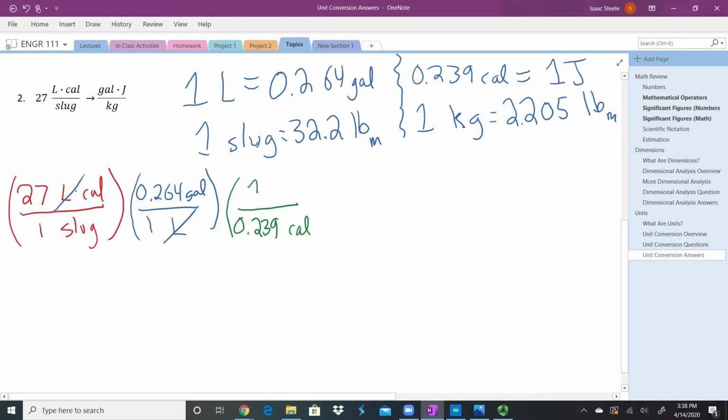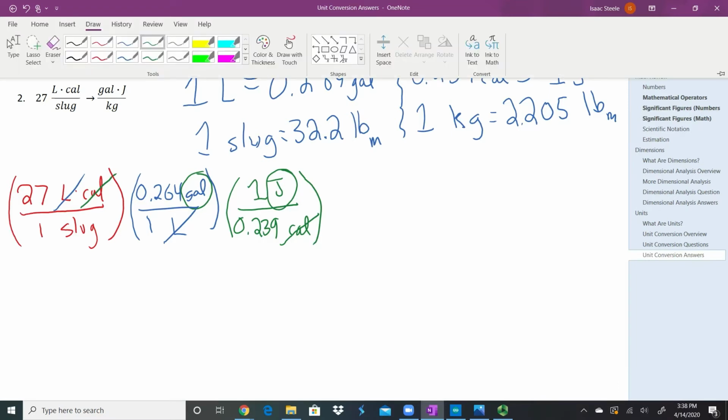That's where I put the rest of my conversion factor. My calorie cancels with that calorie, and I'm left with a joule. That's good. That's what I want over here. So currently I have a gallon, which is good. I have a joule, which is good, but I have a slug, so I'm not done yet. It hasn't been crossed out yet.